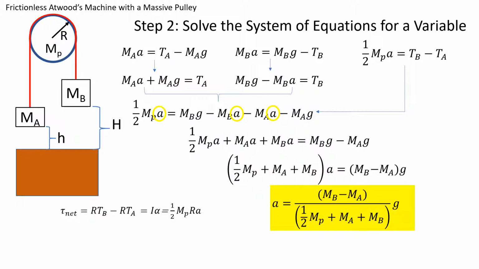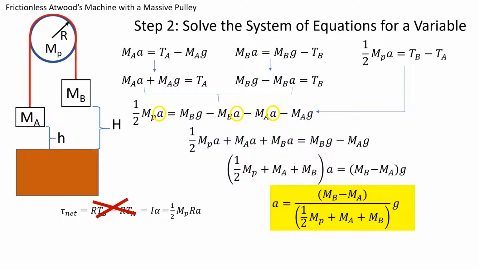But now, this isn't the first answer that we were actually asked for. The first thing we were asked for is what is the net torque on the pulley? Well, tau net equals R TB minus R TA, but we don't know the tensions yet.